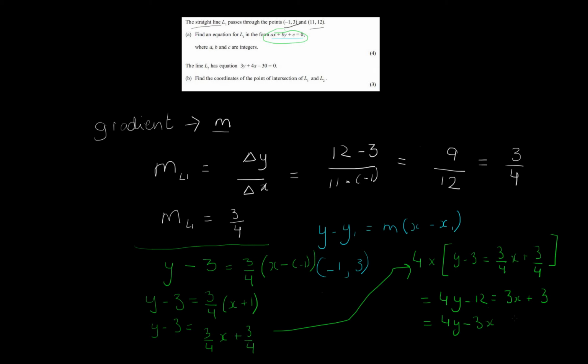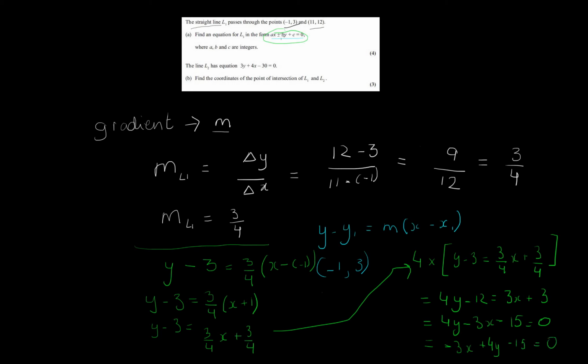If we subtract 3 from both sides, this becomes a minus 15, and we are left with a 0 here. Minus 15 equals 0. We have to change the order around a bit, so it becomes minus 3x plus 4y minus 15 equals 0.